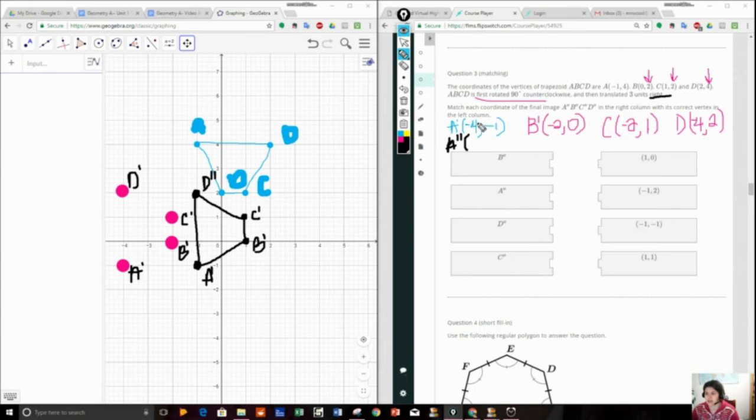So we're adding 3 units to -4. I'm going to do the work down here so I have room. What's -4 plus 3? That equals -1. So we have -1, comma, and our y didn't change.